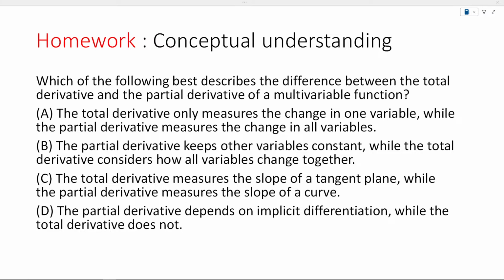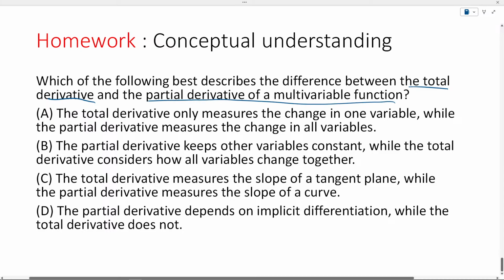So which of the following best describes the difference between the total derivative and the partial derivative for a multivariate function? Let's go through these one by one.